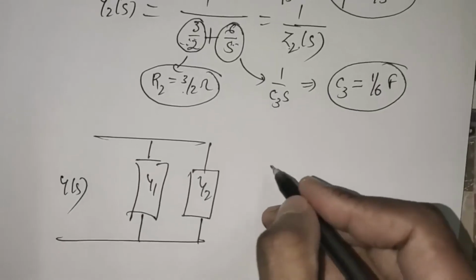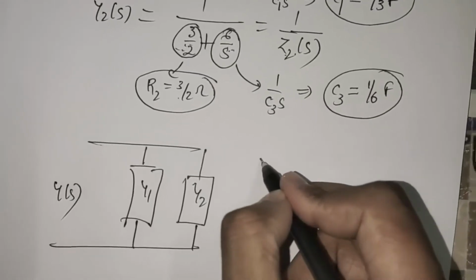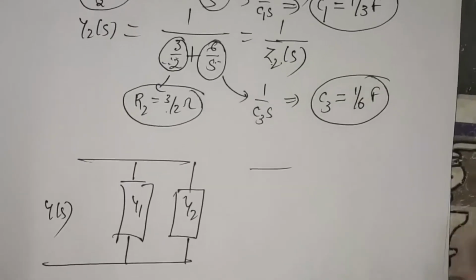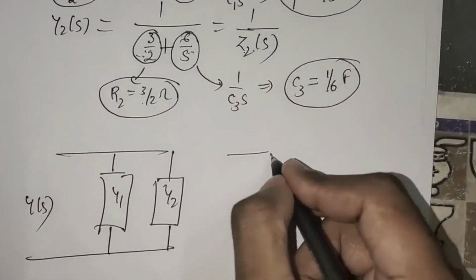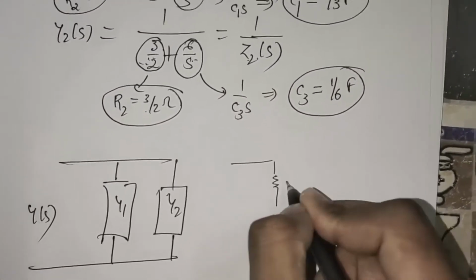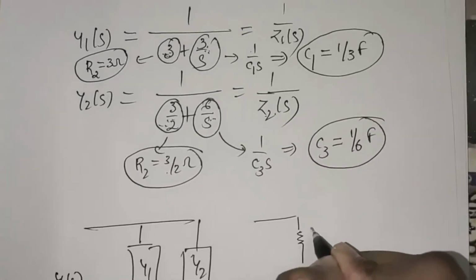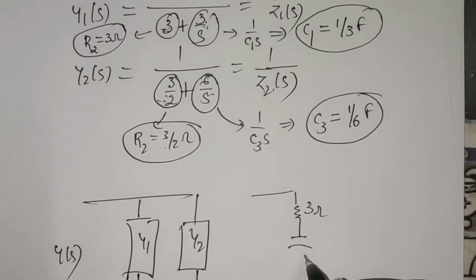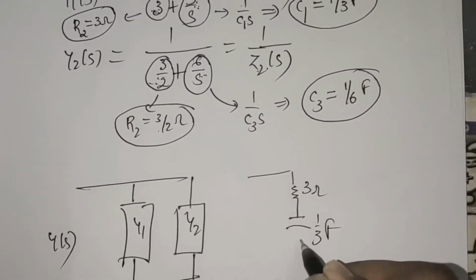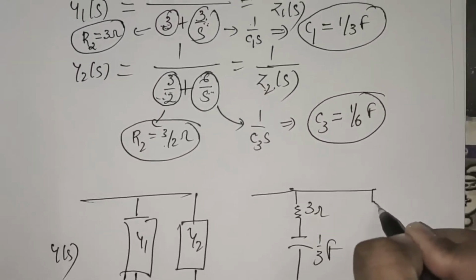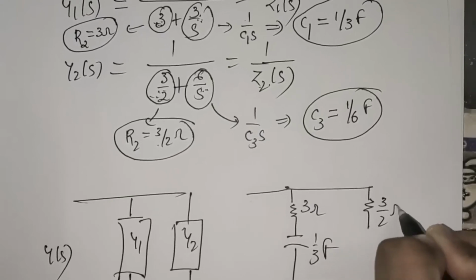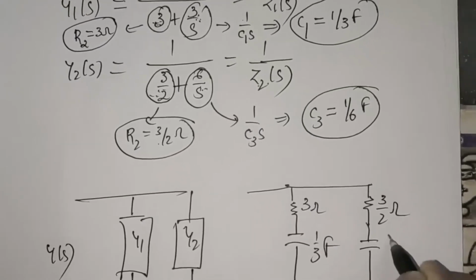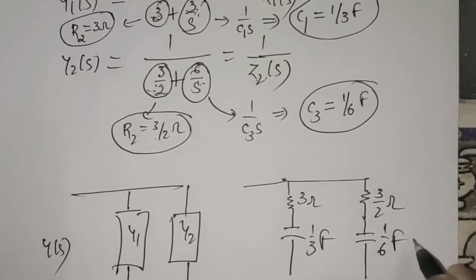So the network obtained by synthesizing the given function using Foster second form is, so R value is 3 ohms and a capacitor 1 by 3 farads. Similarly, R 3 by 2 ohms and a capacitor 1 by 6 farads.